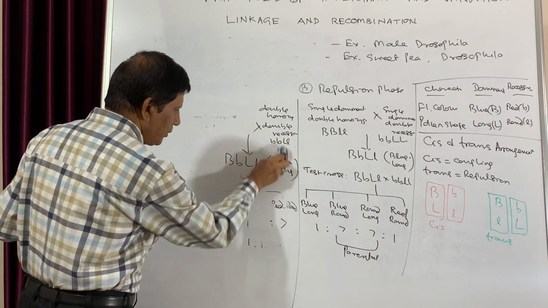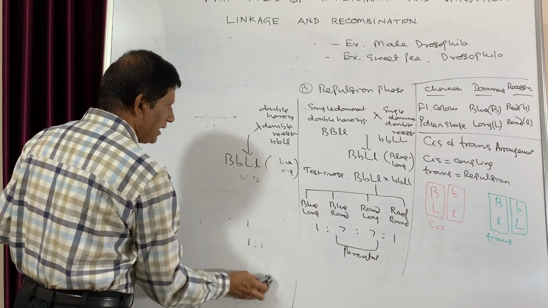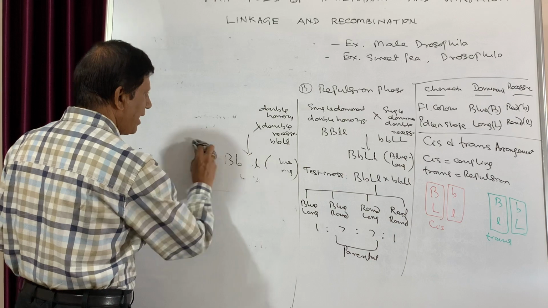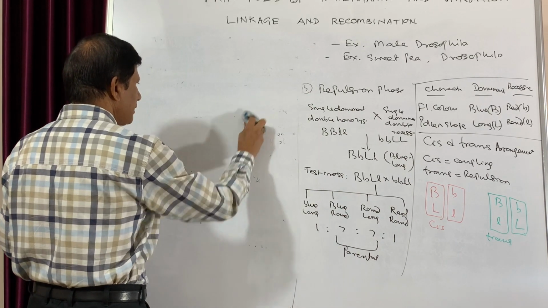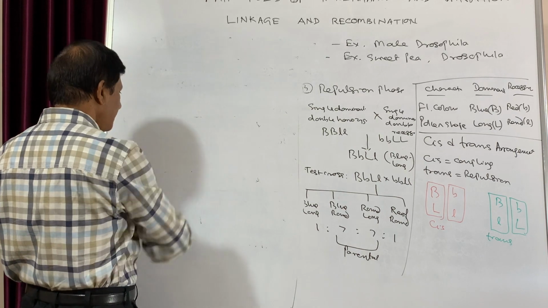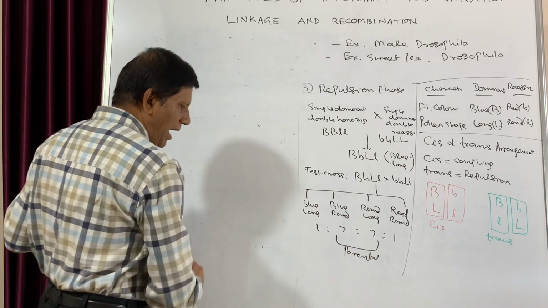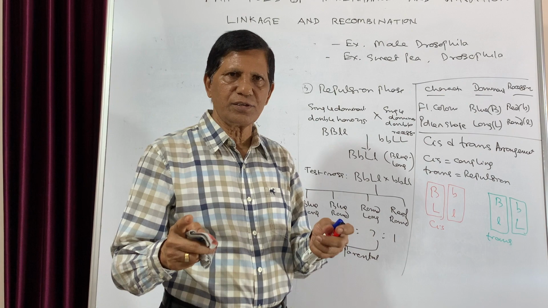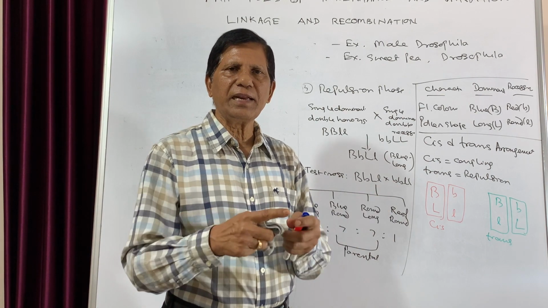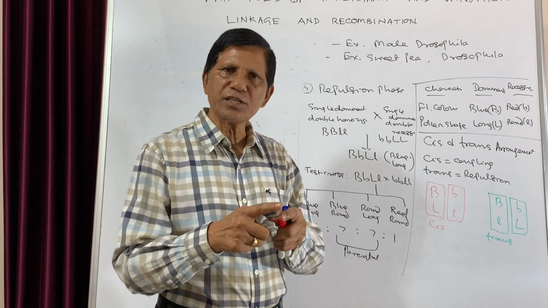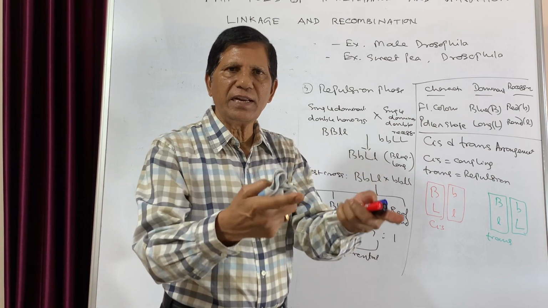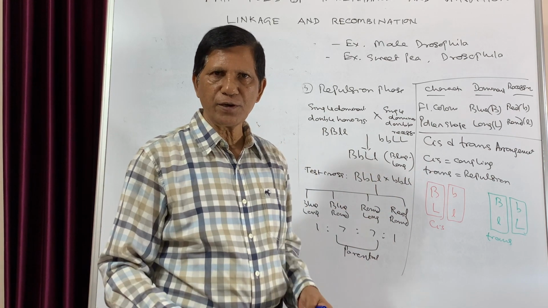Because in a chromosome, the genes are linearly arranged and they are arranged in a definite sequence. There are definite distances between them, and depending upon their distance, the linkage is inversely proportional. That means the lesser the distance, the more the linkage, or you can say less recombination.